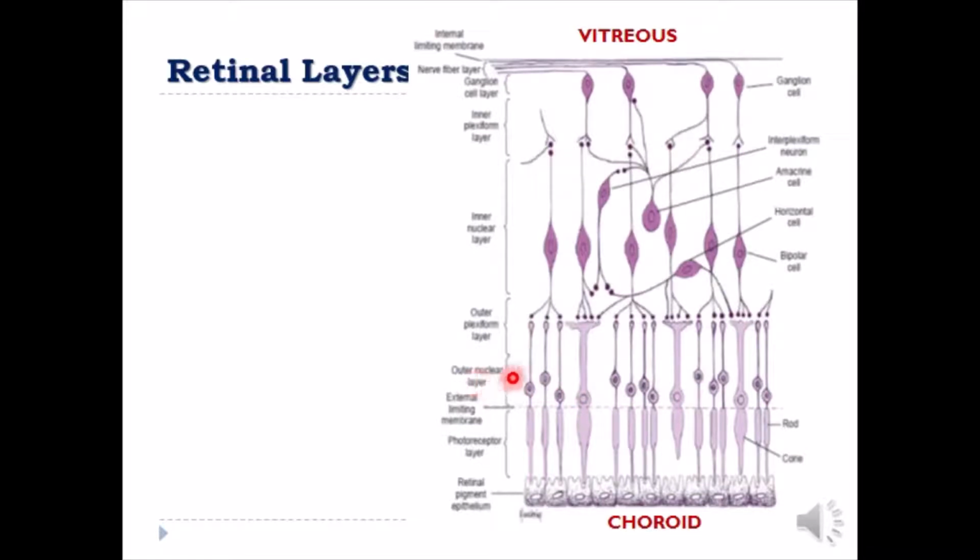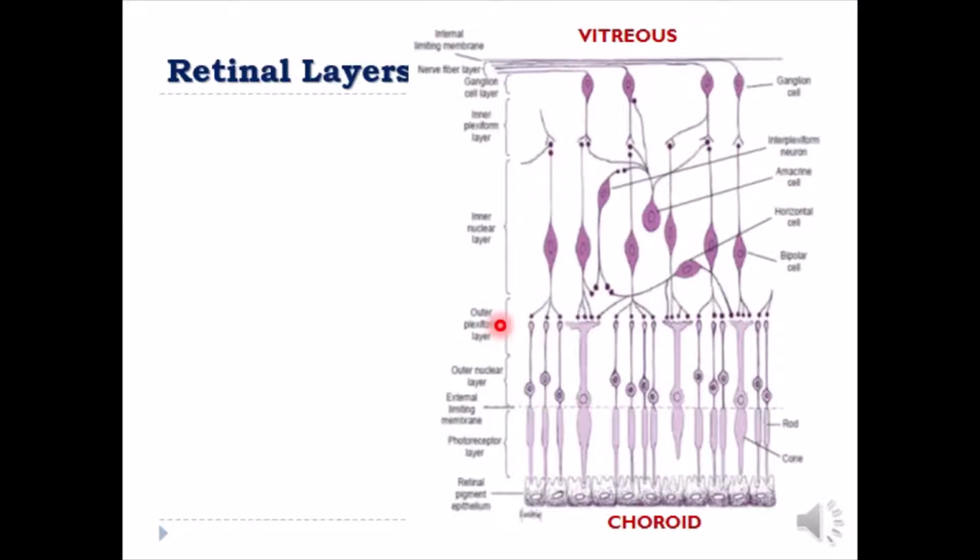Now the next one is the outer plexiform layer. What is the meaning of plexiform? Plexiform means junctions. You can see that the photoreceptor cells are connecting to bipolar cells. You understand? So the junction between the photoreceptor cells and bipolar cells is known as the outer plexiform layer.